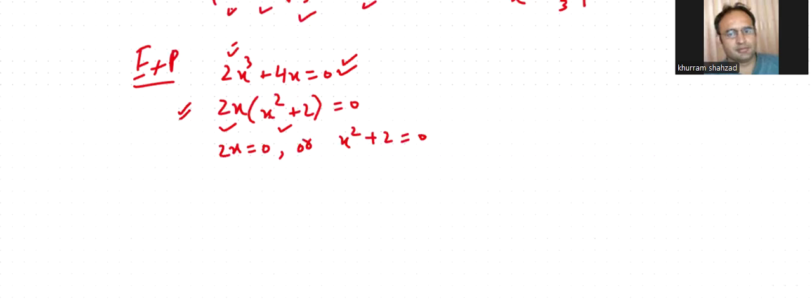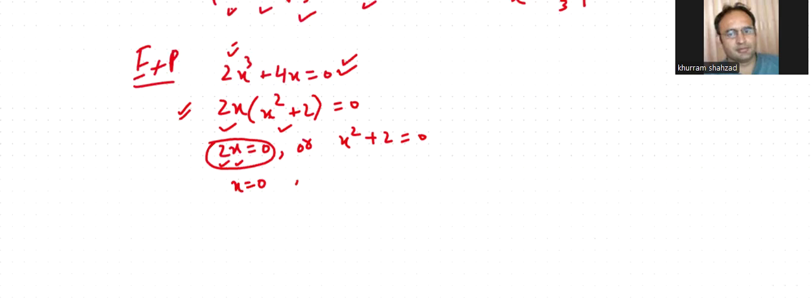Now, looking at 2x, it is the product of 2 and x. Which of them can be 0? Of course, 2 is not equal to 0. So the other factor is x. So x is equal to 0. This is the value of x, or zero of this equation.